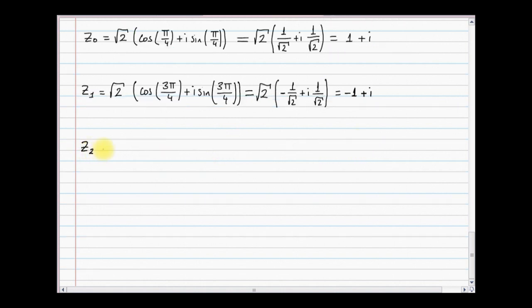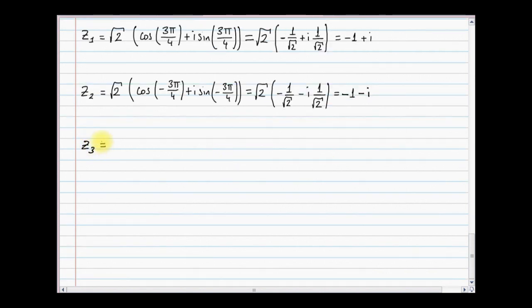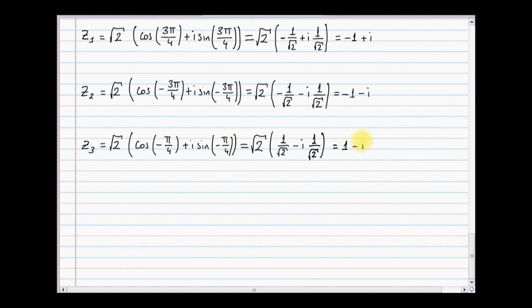The third root z2 equals square root of 2 times (cosine of minus 3 pi over 4 plus i sine of minus 3 pi over 4), which is equal to minus 1 minus i. And the fourth root z3 is equal to square root of 2 times (cosine of minus pi over 4 plus i sine of minus pi over 4), which is equal to 1 minus i in Cartesian form.